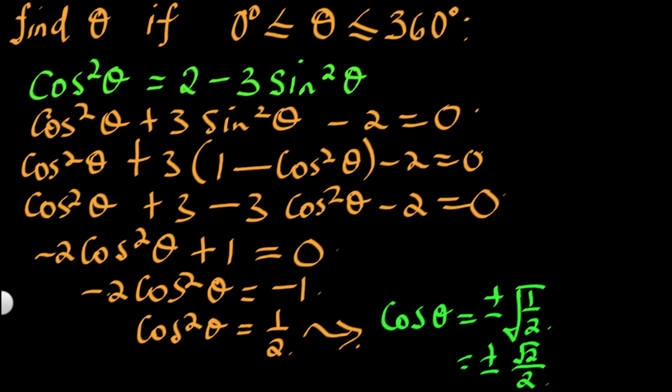I'm going to move from this step to the next step where I'm going to use this to solve for my angles. So let us put this away and open a new page. We now have cos theta is plus or minus root 2 over 2. You can separate this, which is what I'm going to do.